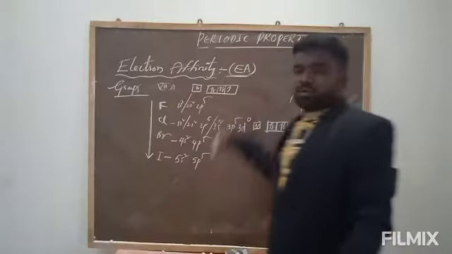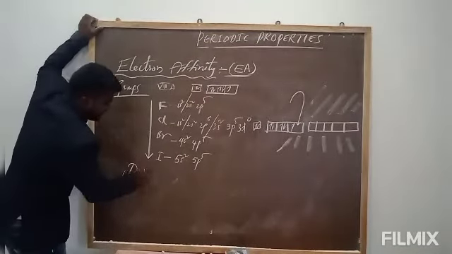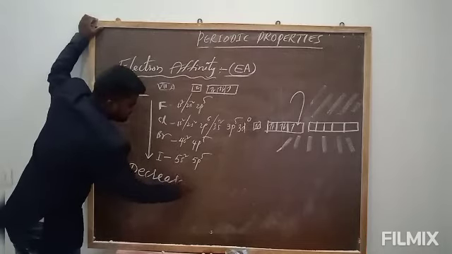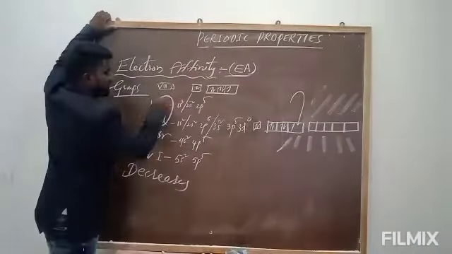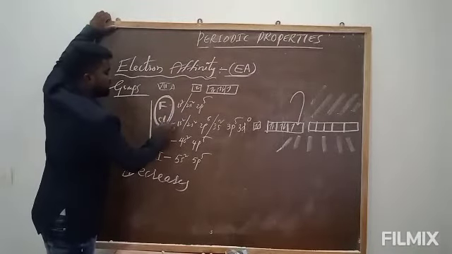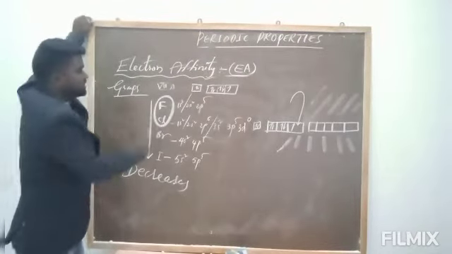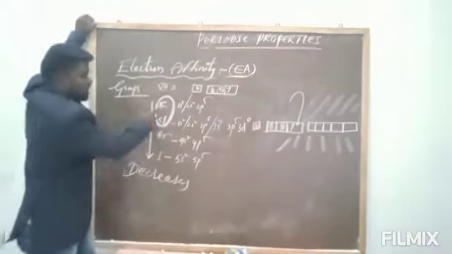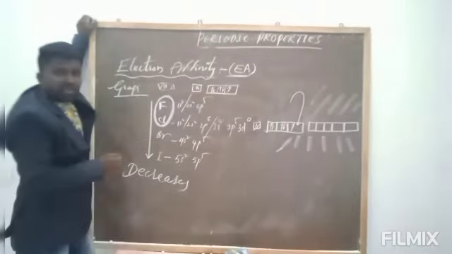So top to bottom, electron affinity actually decreases. But in fluorine and chlorine, a different pattern is followed due to the conditions. Fluorine should have the highest electron affinity, but there is no space in its orbitals.